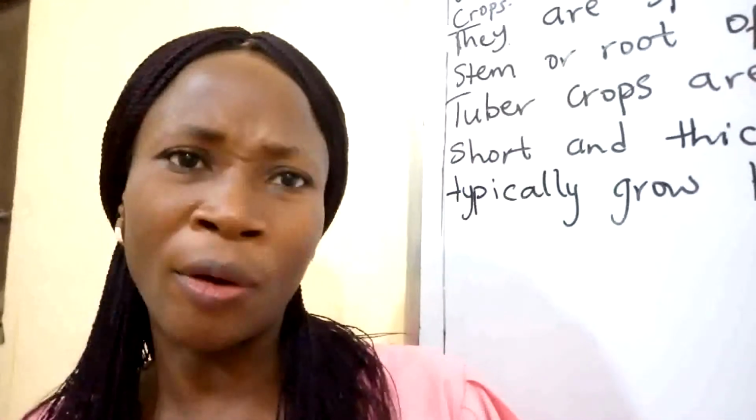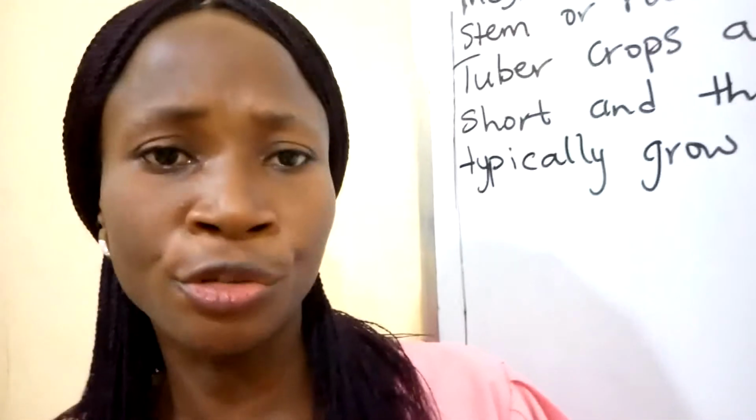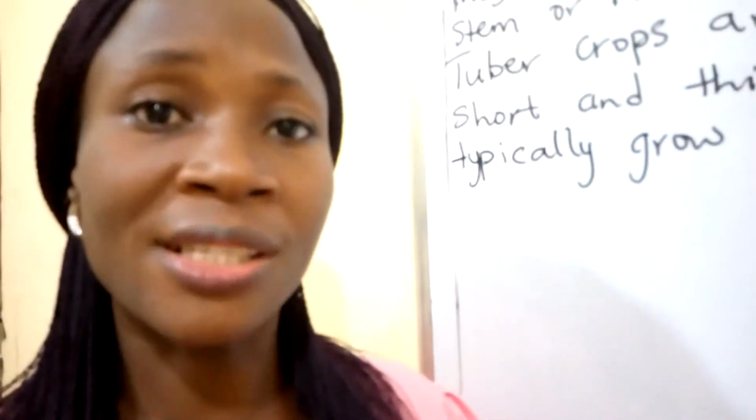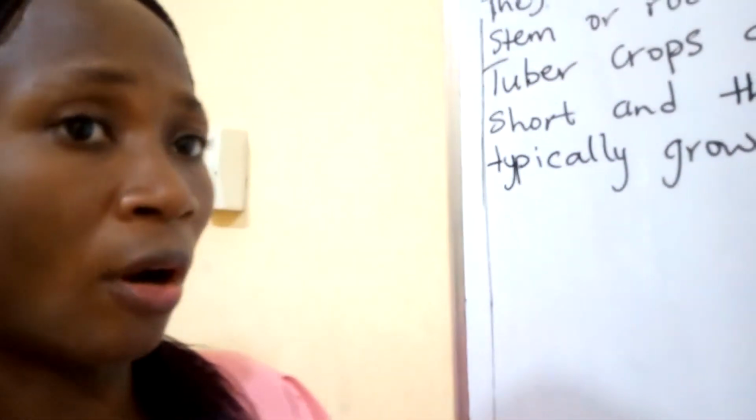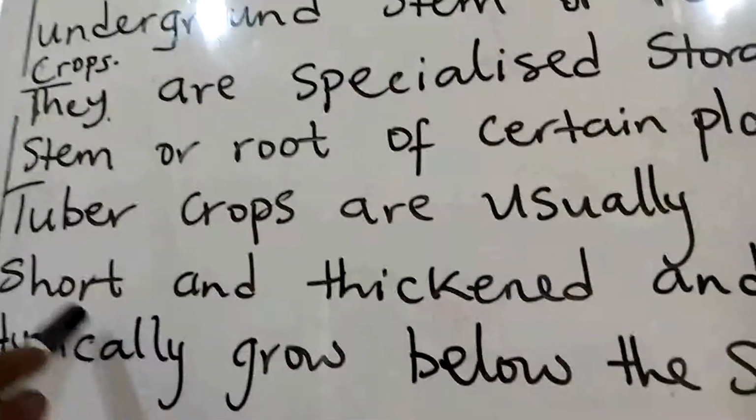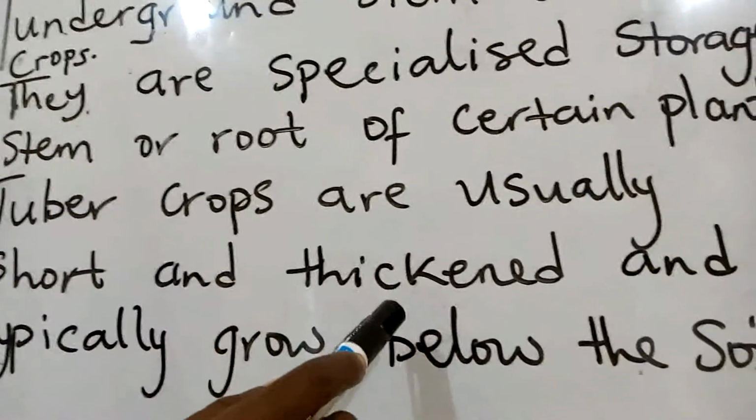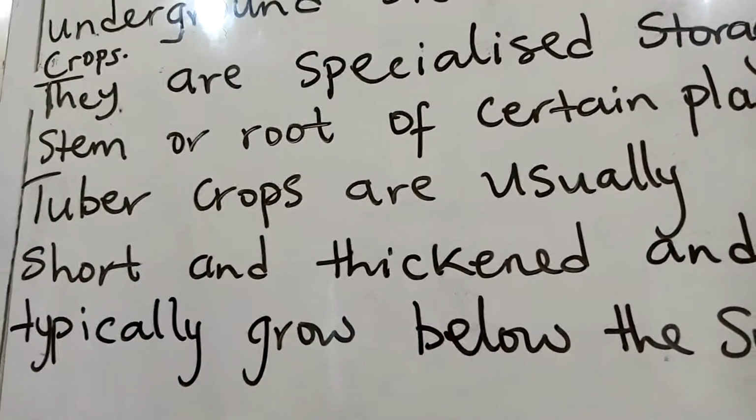That means that tuber crops grow either on the stem or on the root of their crops. And here we say tuber crops are usually short and thickened and typically grow below the soil.